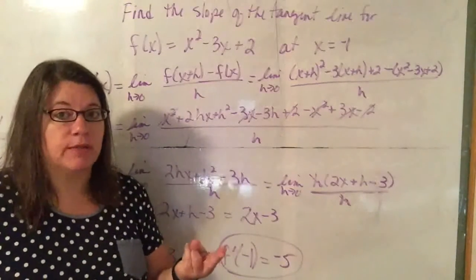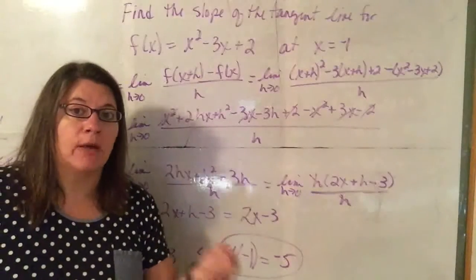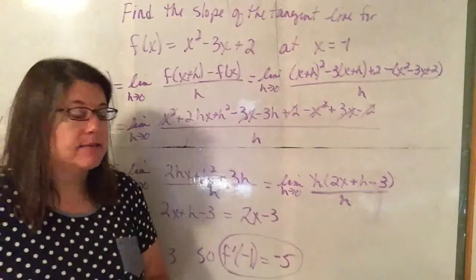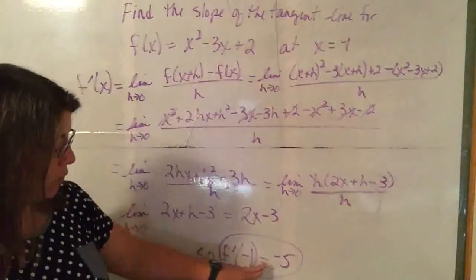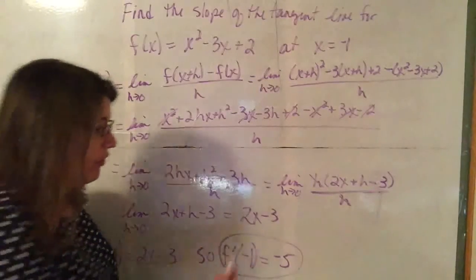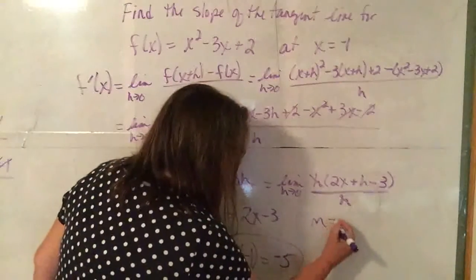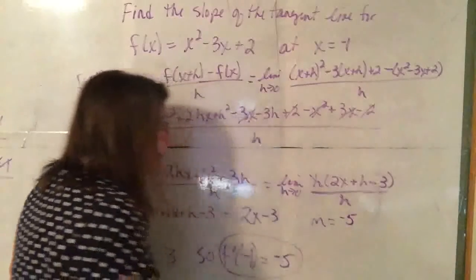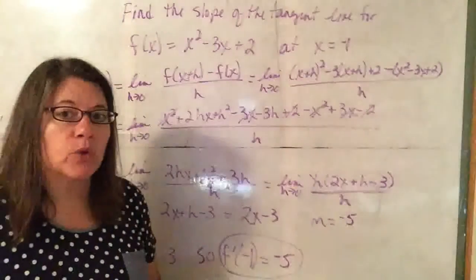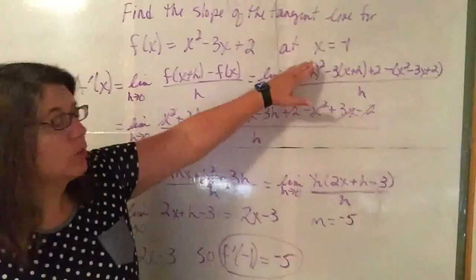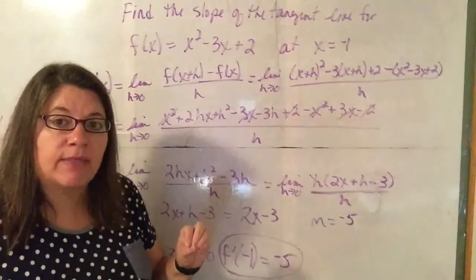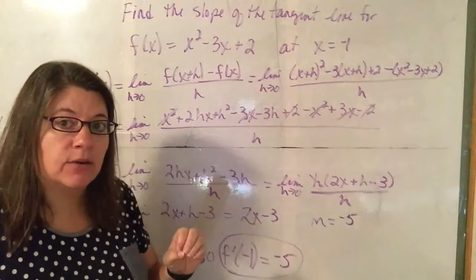You either need 2 points or you need the slope and 1 point on that line. So we found the slope when x equals negative 1. Our slope is negative 5. But we would also need to find the ordered pair at x equals negative 1 if they ask us to find the equation of the tangent line, okay?